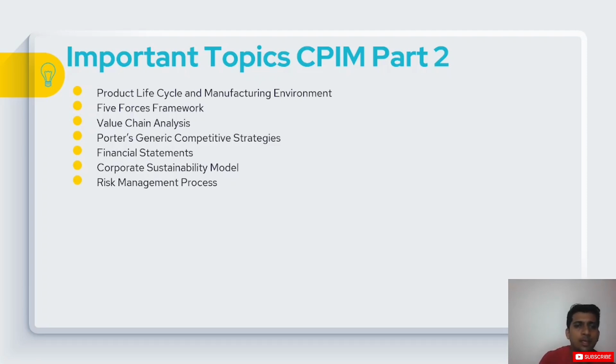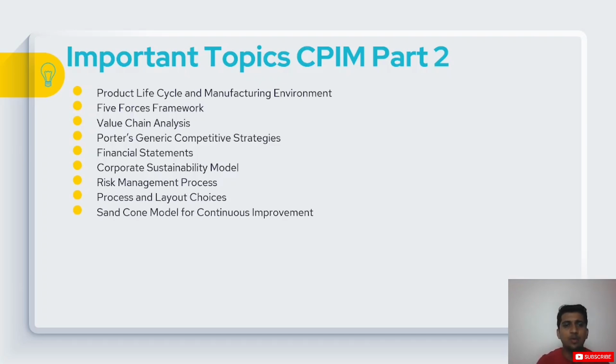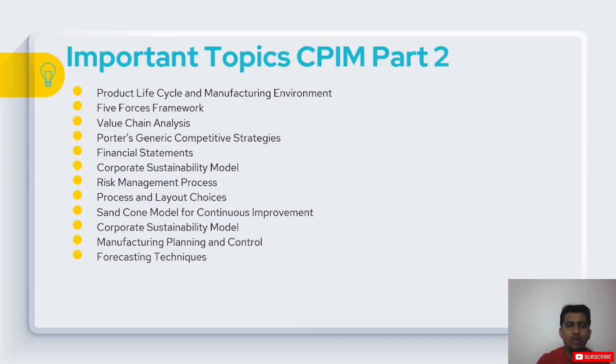CSR models, risk management processes, process and layout choices for different manufacturing setups, sand cone model for continuous improvement, manufacturing planning and control, forecasting techniques, the different forecasting techniques: regression, weighted average, moving average, Delphi method, qualitative methods. So you need to be thorough with all the forecasting techniques.